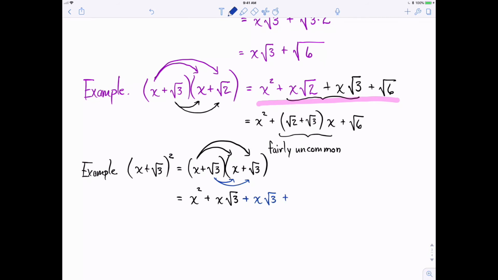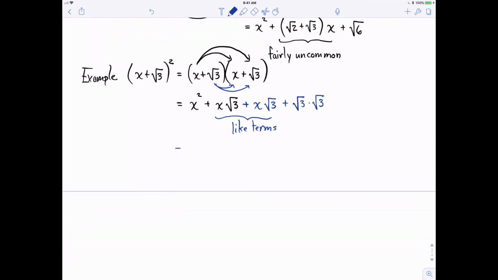I'm going to write this as the square root of 3 times the square root of 3 for a bit, and we're going to come back to that. Notice that I have like terms here in the x times square root of 3, so what I can do is this, and let me come back. We're going to take care of all of this at once.